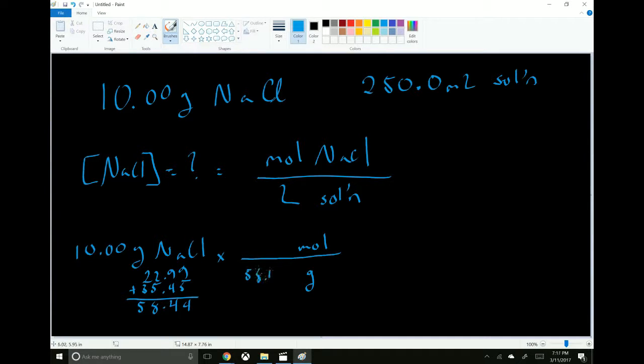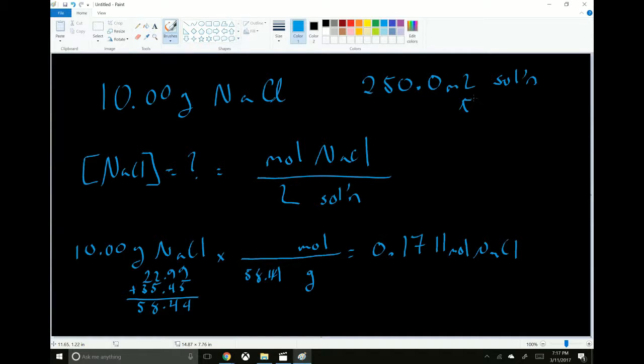It's 58.44 grams per mole, meaning that our moles of sodium chloride is 0.1711 moles of NaCl. We're also going to need to convert our volume from milliliters to liters.